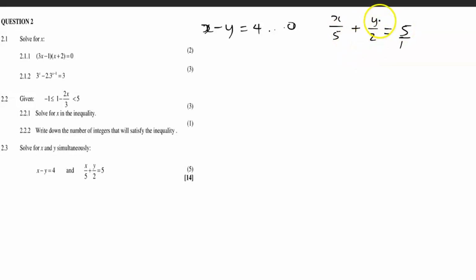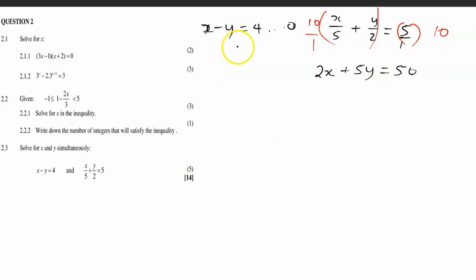So just multiply by 10 on both sides. Then 10 over 5 is 2, 2 times x is 2x. 10 over 2 is 5, 5 times y is 5y. All this is equal to 10 times 5, which is 50.